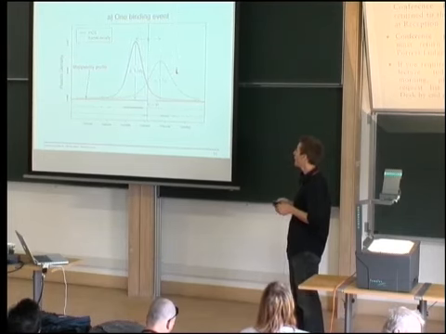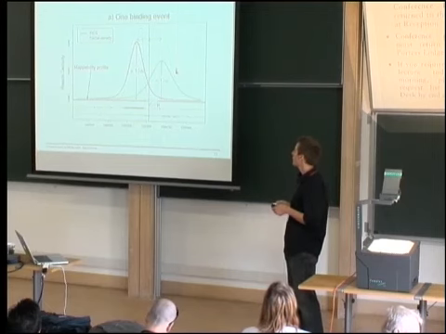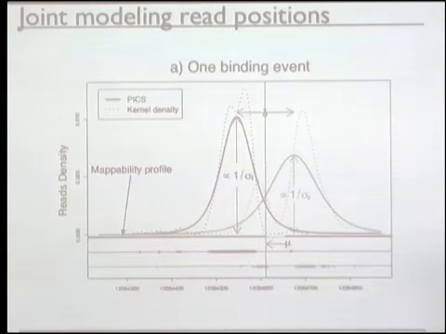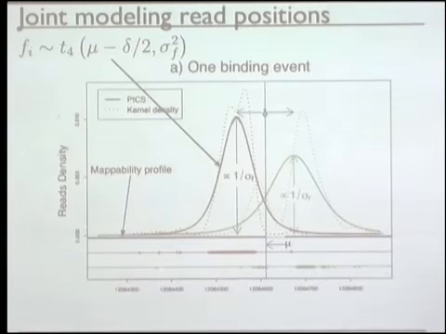What we thought would be a good model is something slightly symmetric for the forward read positions and the reverse read positions, with different variances. Because there are some outliers here and there, we use a T4 distribution, which is slightly more robust than the Gaussian distribution.